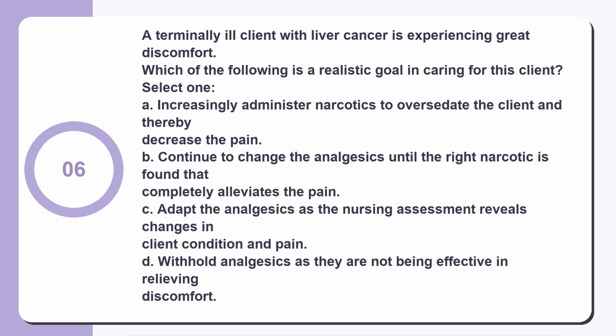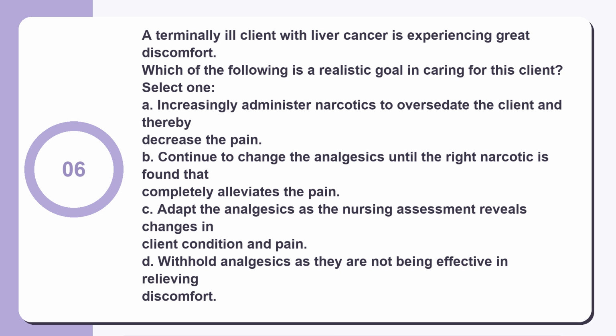Question 6. A terminally ill client with liver cancer is experiencing great discomfort. Which of the following is a realistic goal in caring for this client? Select 1. A. Increasingly administer narcotics to oversedate the client and thereby decrease the pain. B. Continue to change the analgesics until the right narcotic is found that completely alleviates the pain.